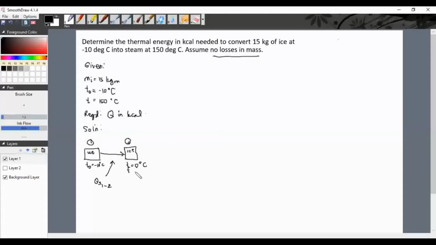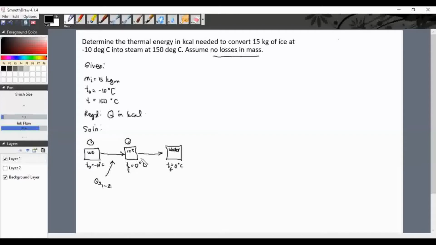Now, once it reaches the freezing point, pwede na tayo magkaroon ng phase change, no? So this ice will be converted into liquid, which is in water form, but still the temperature hindi siya magbabago, no? So still yan ay 0 degrees Celsius ang temperature.